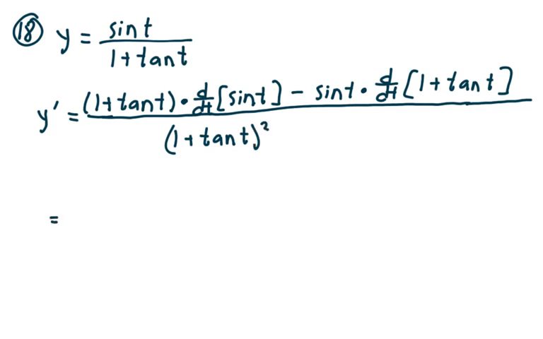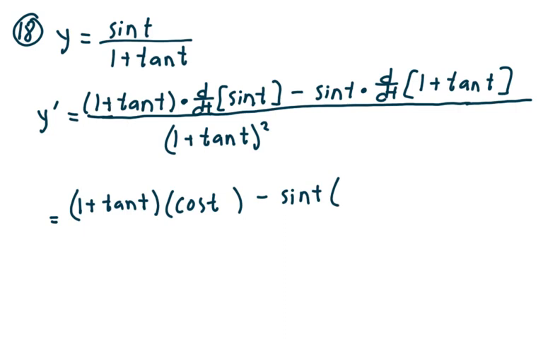And so this is 1 plus tangent t times the derivative of sine t with respect to t, which is equal to cosine t, minus sine t times the derivative of 1 plus tangent t with respect to t, which is secant squared t.